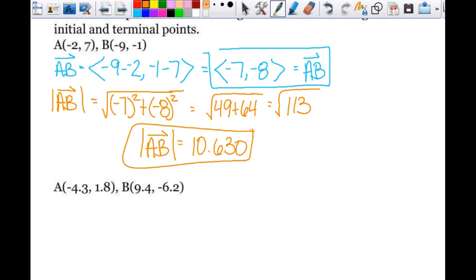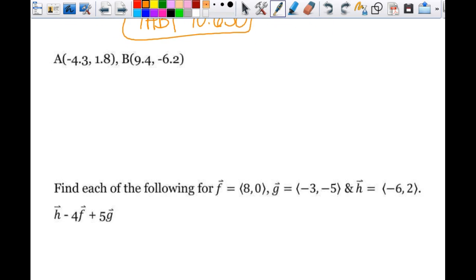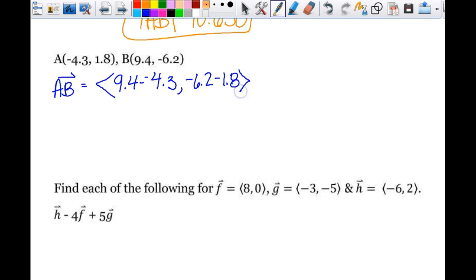All right, let's go ahead and look at this second one. So on here, the vector in component form is just the head minus the tail. So 9.4 minus a -4.3 and -6.2 minus 1.8.